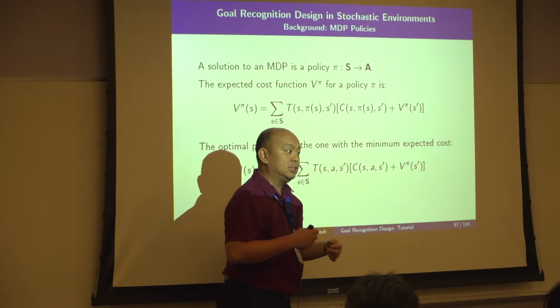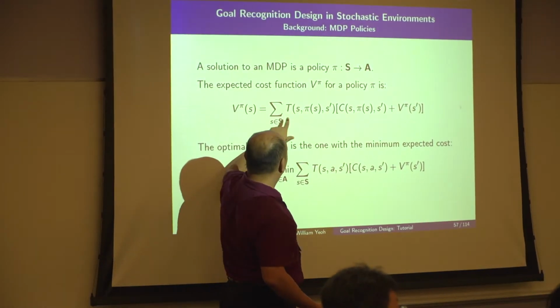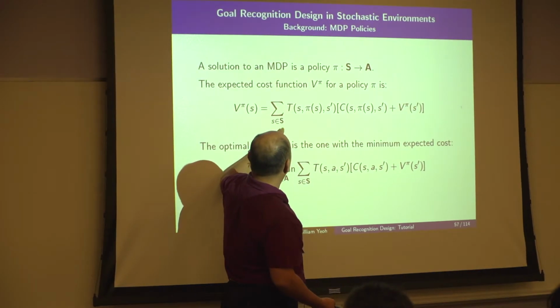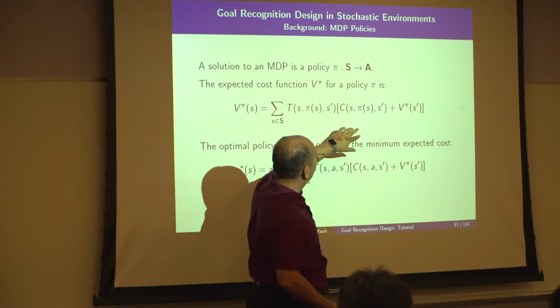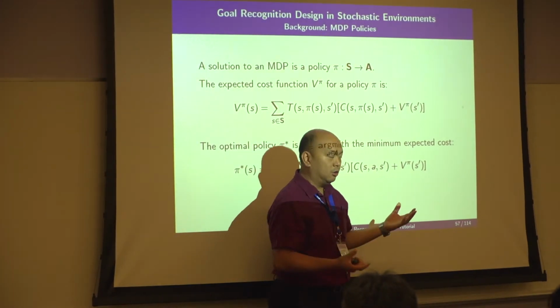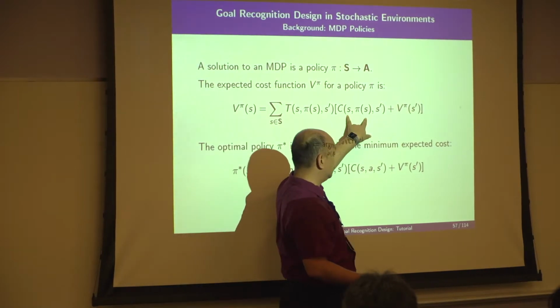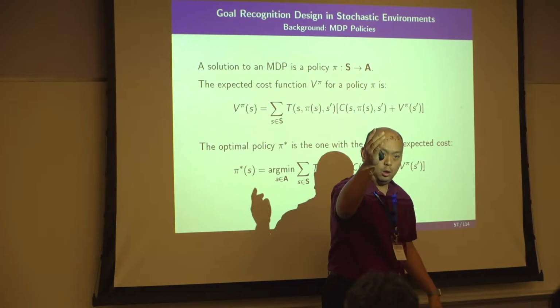Right? So if this is a deterministic action, then this would be 1. You don't have to sum; actually it should be S prime here, so that's a typo. Then you only have one successor state. The value of the state would just be the cost of that action plus whatever cost from your successor state onwards to the goal, right?